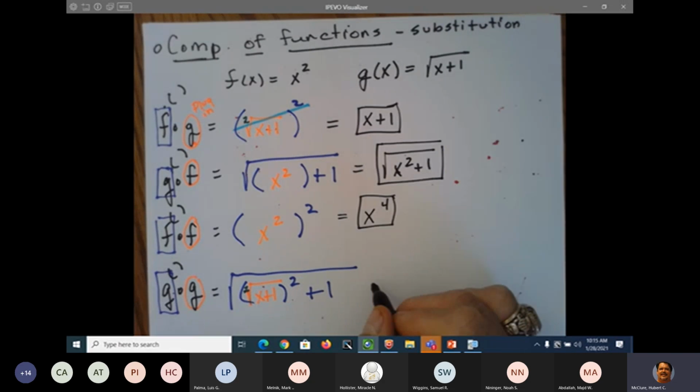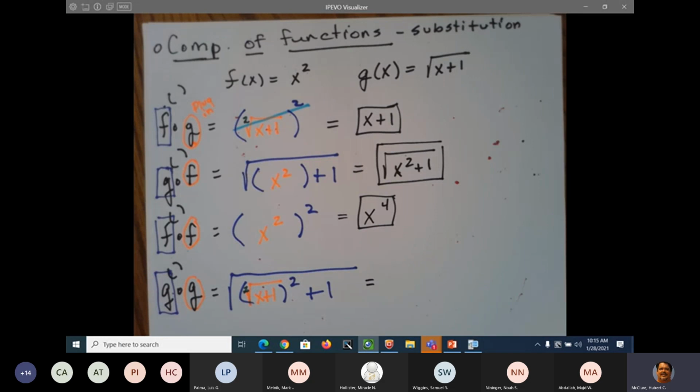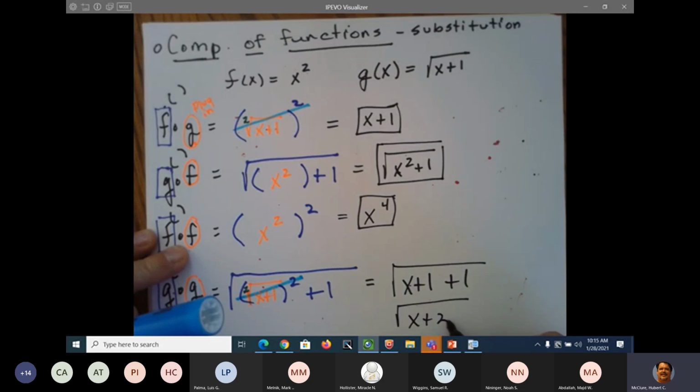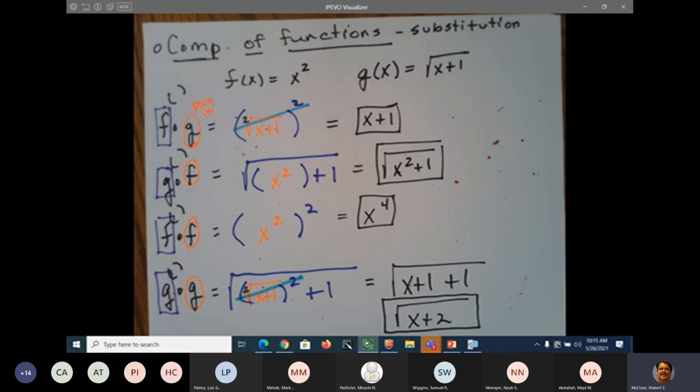And the composition here, take our blue marker, and that's going to go out. And that leaves you with the square root of x plus 1, which is the square root of x plus 2. Now that is as simple as I can explain it.